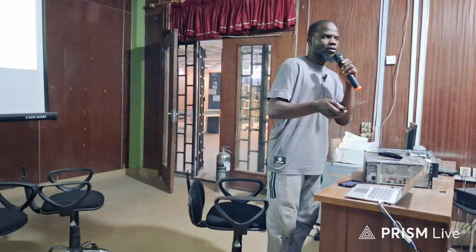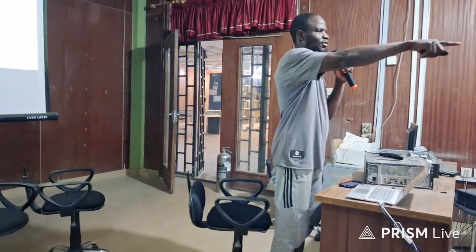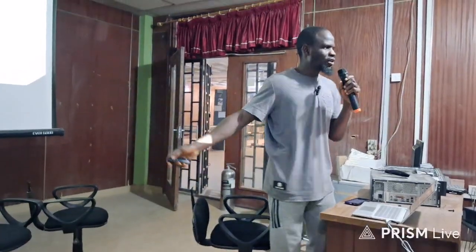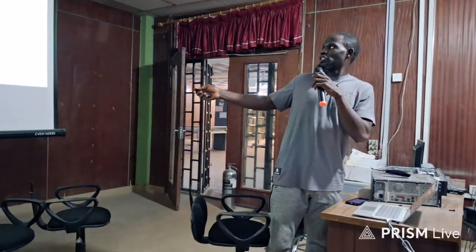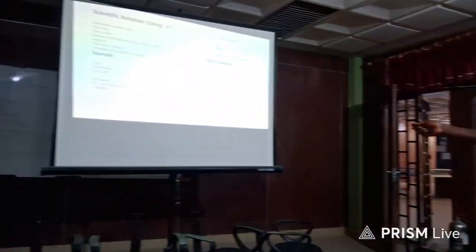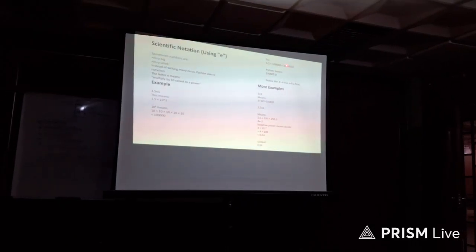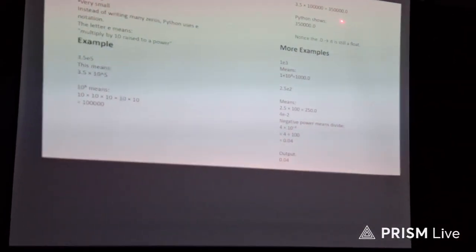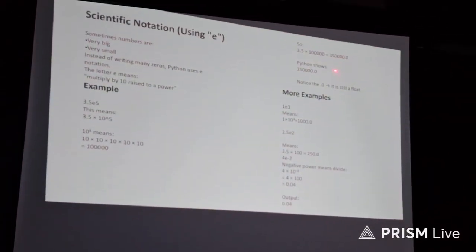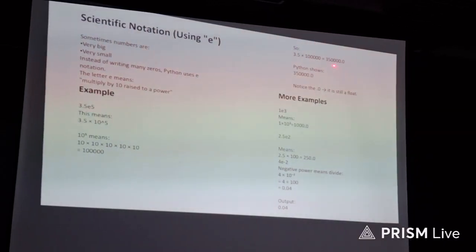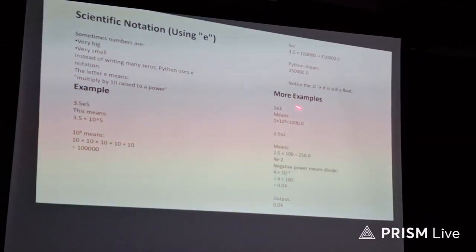So if you do 3.5 times 100,000, it's going to be what? 350,000.0. Now that you have this result, 3.5 times 100,000, it gives you 350,000.